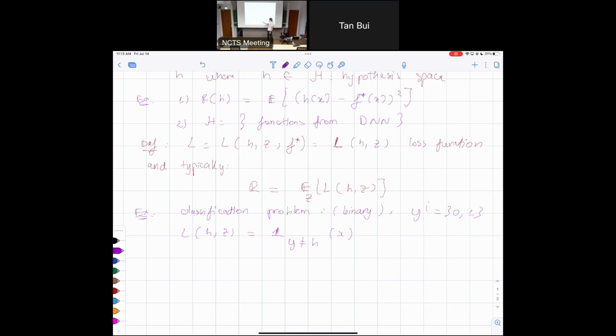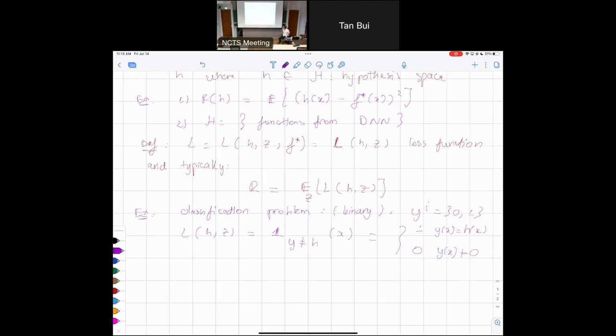This indicator function means it is equal to 1 if y(x) is different from h(x), and otherwise equal to 0.